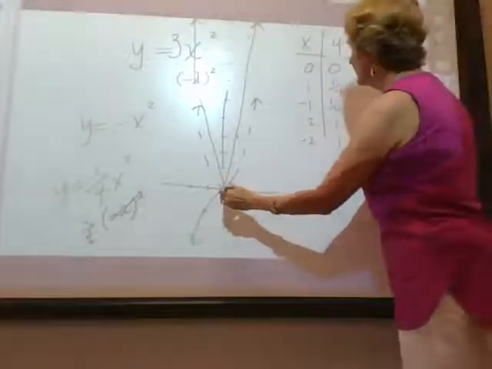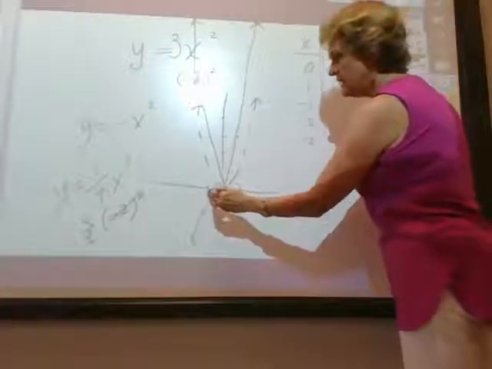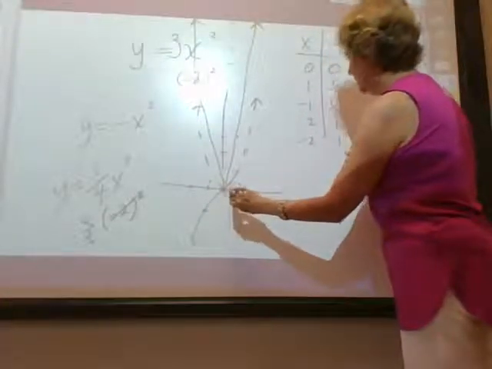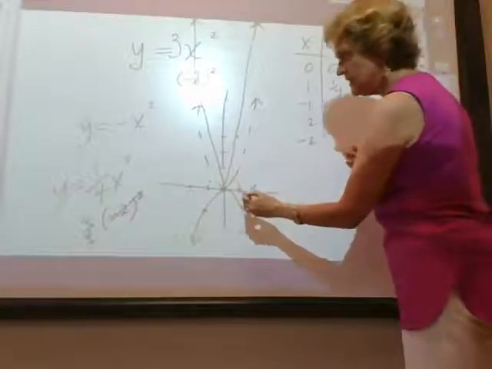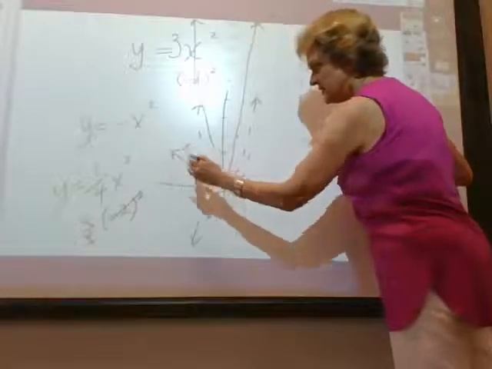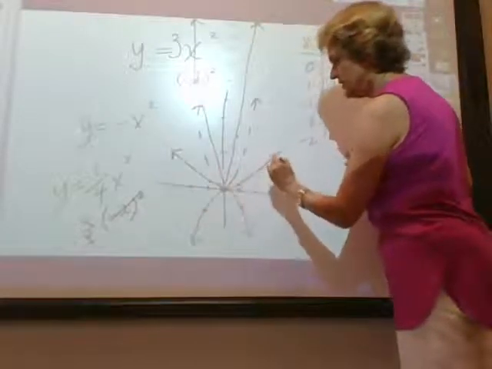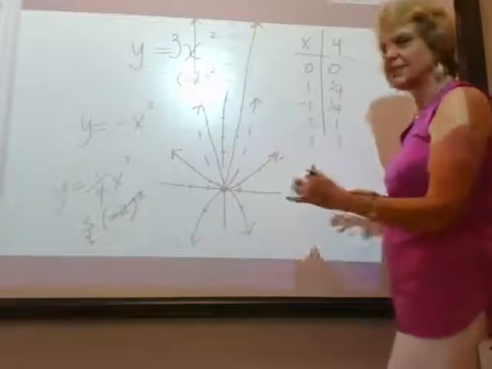So what will this red graph look like? 0, 0, 1, 1/4, negative 1, 1/4, 2, 1, oh my goodness, negative 2, 1. So look what happens here. This is fat and flat, isn't it? That parabola flattens out.